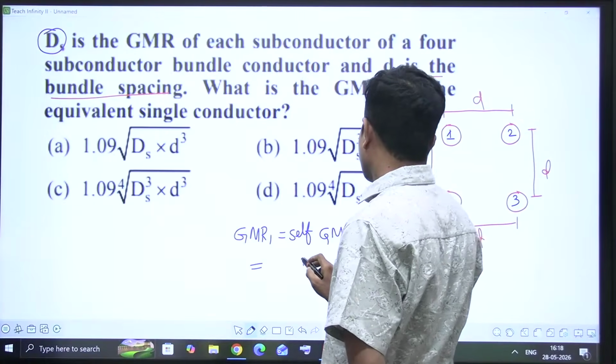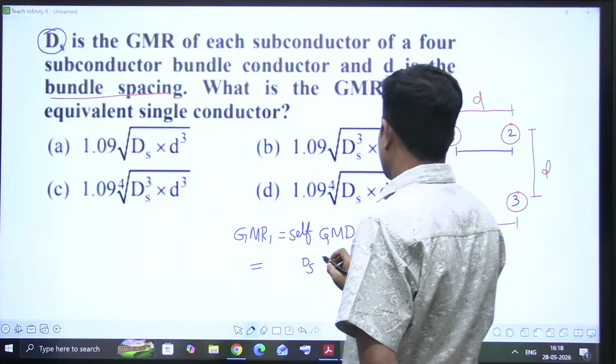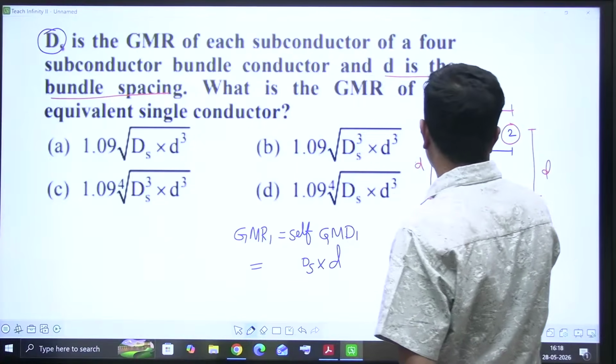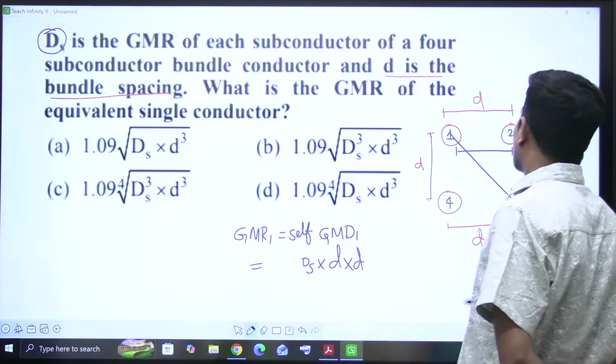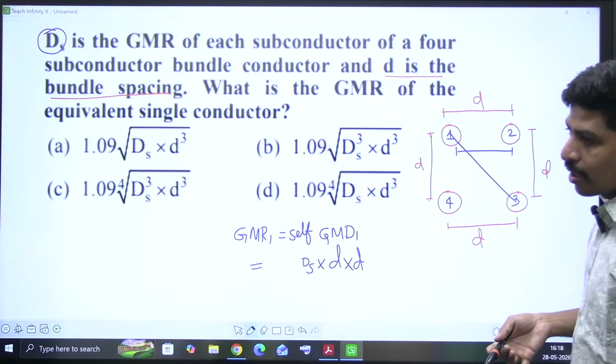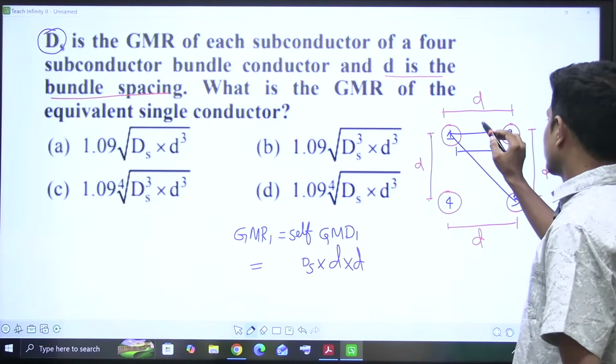Into 1 with 2, what is the distance? D. 1 with 4, the distance is D. 1 with 3, we have to find the distance. Apply the right angle triangle: this square plus this square is equal to this square.